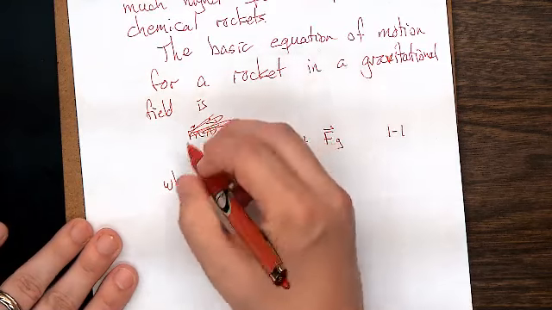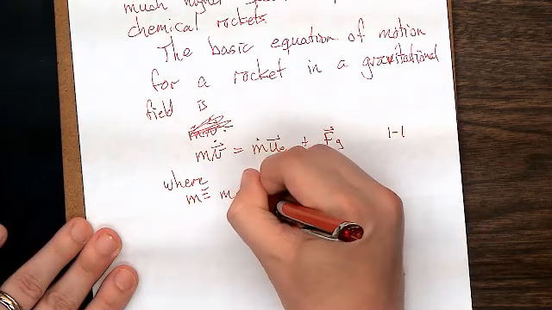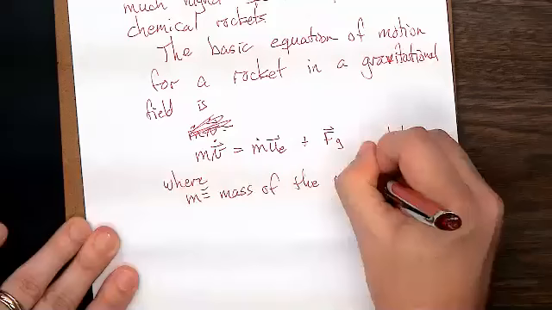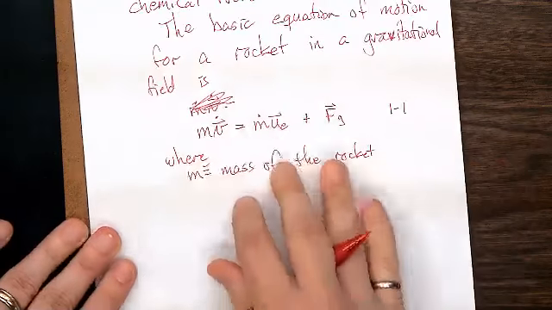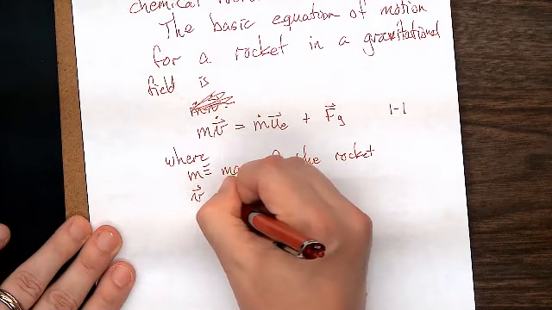So here, M is the mass of the rocket. The v vector is the rocket velocity.